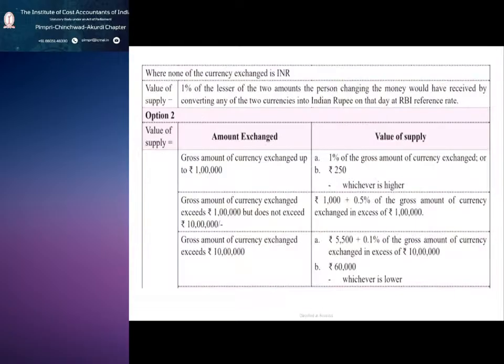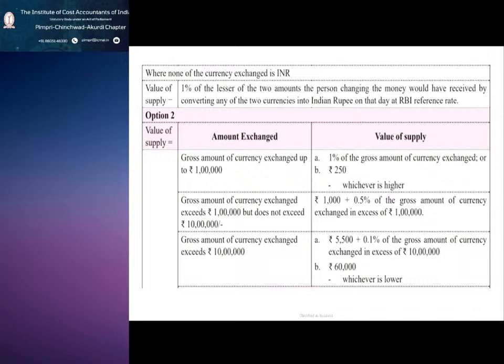Here, as per what is there in our material, you can have a look. Gross amount of currency exchanged, these are slab rates. Up to 1 lakh means 1% of the gross amount of currency exchanged, or 250, whichever is higher. If the gross amount of currency exchanged exceeds 1 lakh but does not exceed 10 lakh, then 1000 plus 0.5% of the gross amount of currency exchanged in excess of 1 lakh.